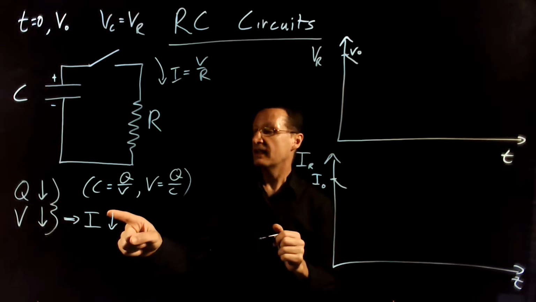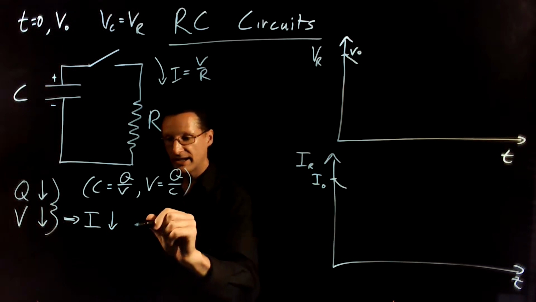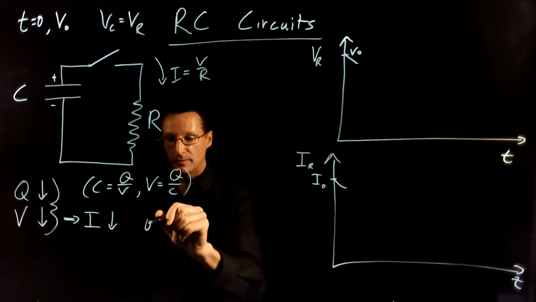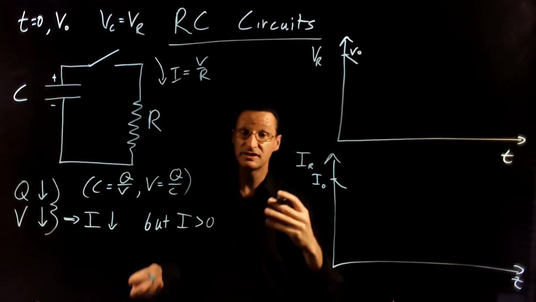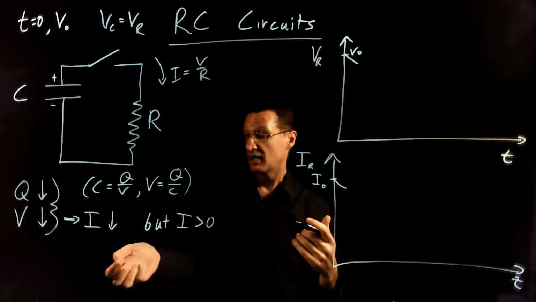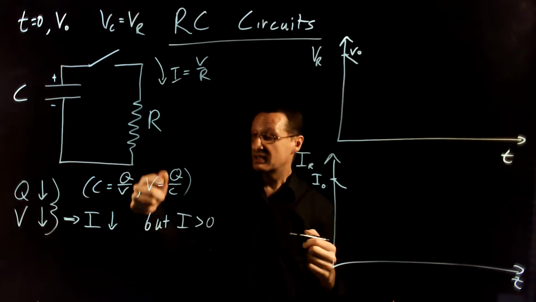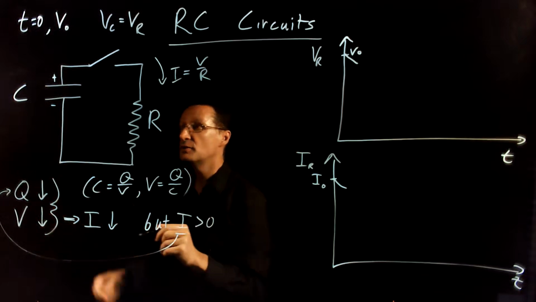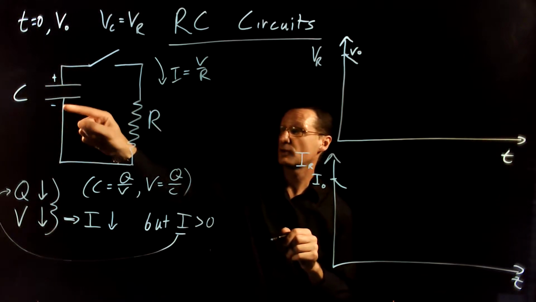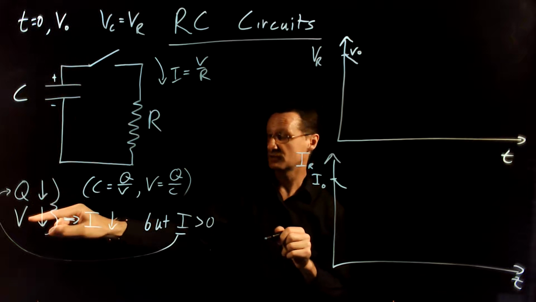Okay, but remember that I is still greater than 0. It's still not 0. It's still positive. So because of that, this I will cause Q to reduce more. I is still flowing, so that's still causing the Q to reduce.